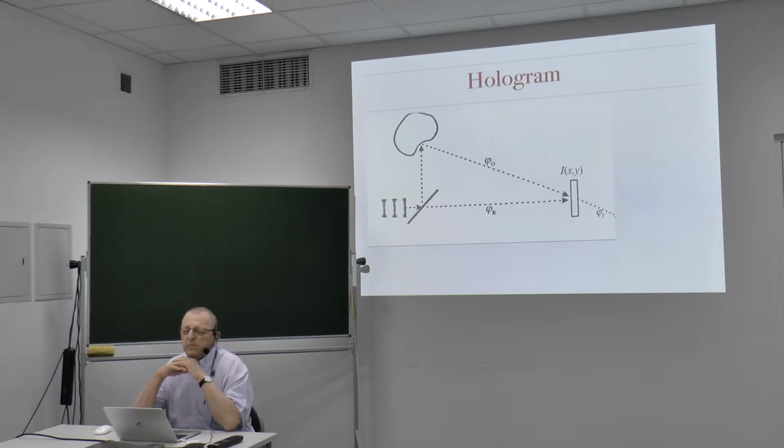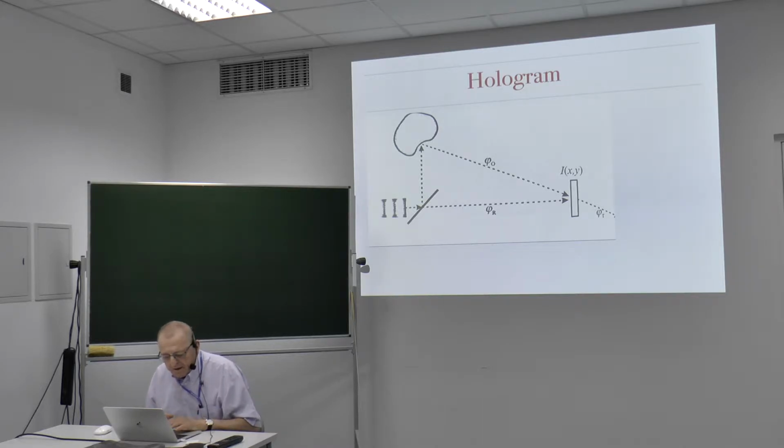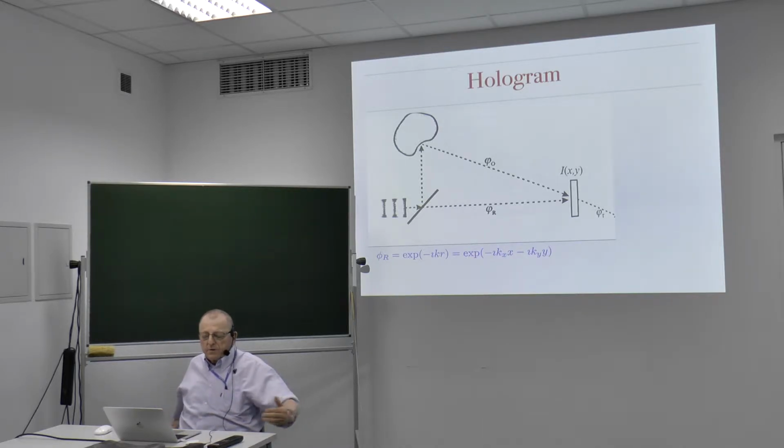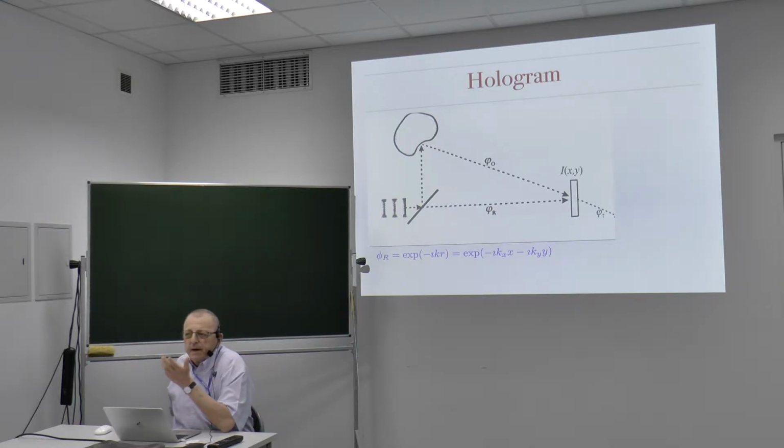The beam which has scattered from the object will be denoted as phi O, and the beam which goes through, the reference beam, will be denoted as phi R. The beam which goes through is again a plane wave, so it is e to the power minus ikr, and this is again a two-dimensional calculation.